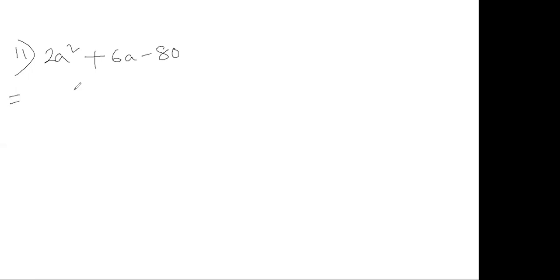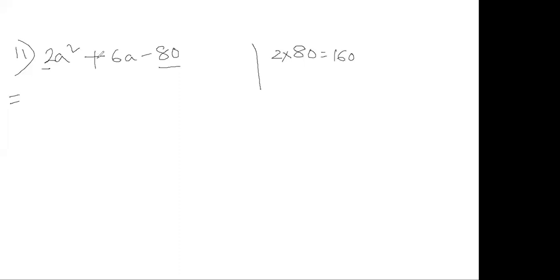First of all, the coefficient of a square is 2 and the last coefficient is 80. First of all, what we need to do is to multiply the coefficient of the first and third expression. So what do we get? 2 into 80, that is 160, right?